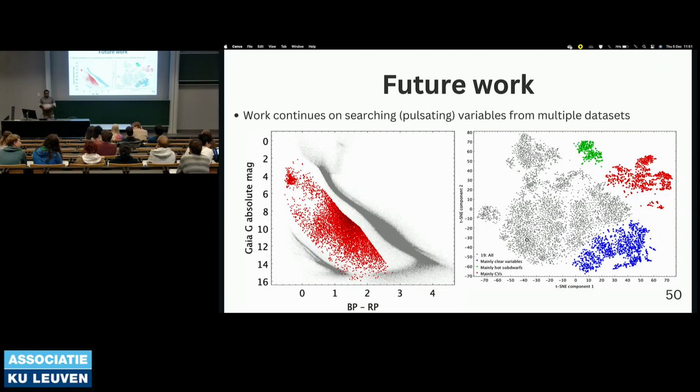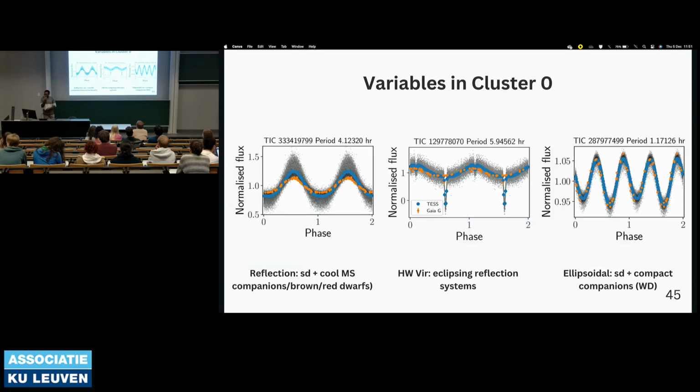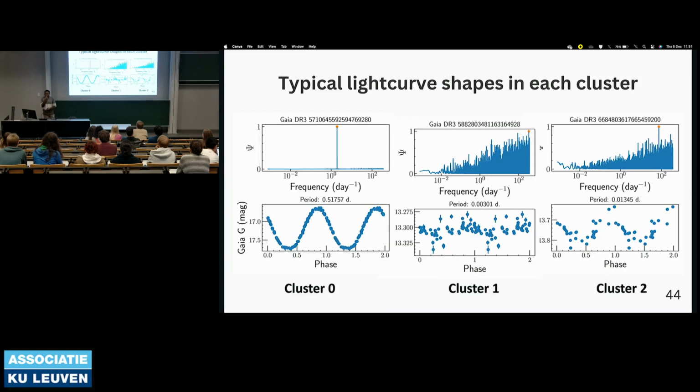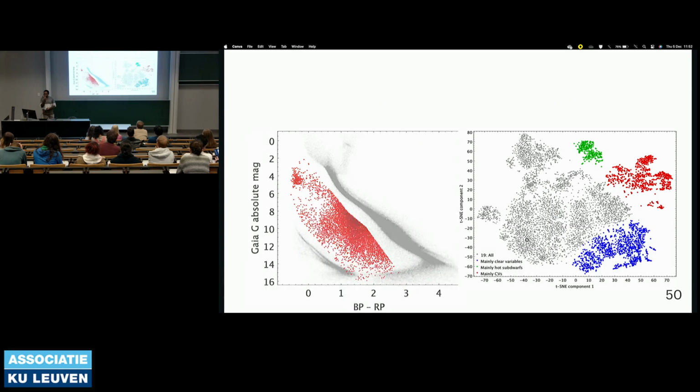Okay. And maybe I have a second question, if it's okay. In your clustering method on this right-hand panel here, you take all the hot subdwarfs that you were interested in. If you just keep on the same slide, 50, which you were on. Okay, the right-hand plots. So you have kind of 2 clusters there.